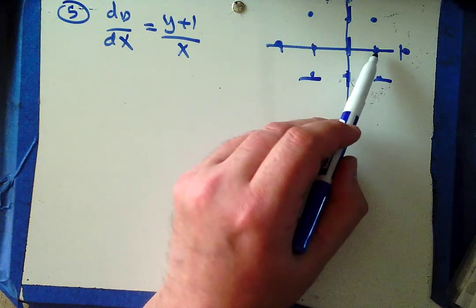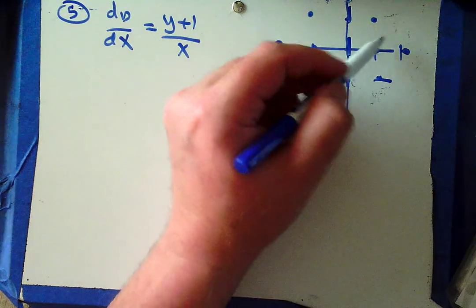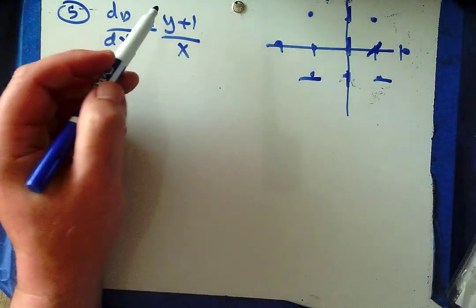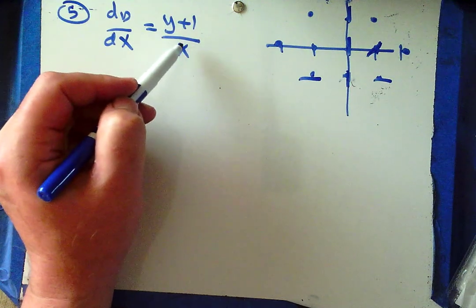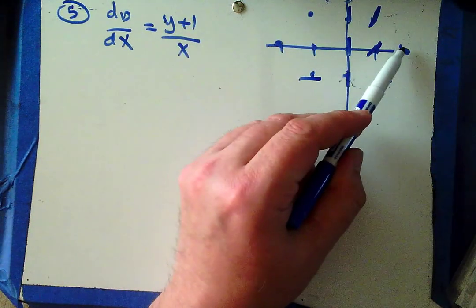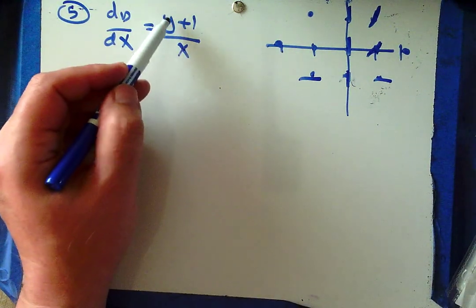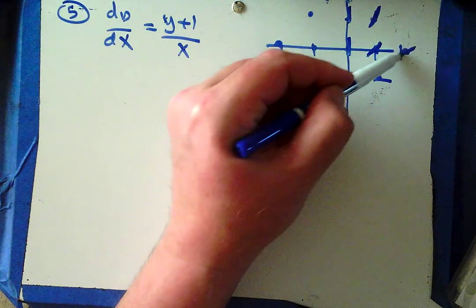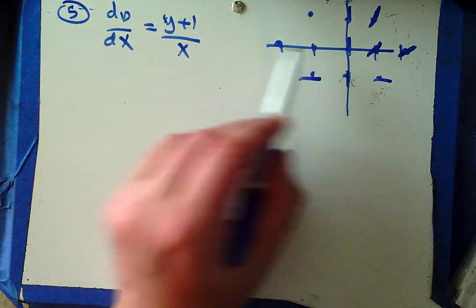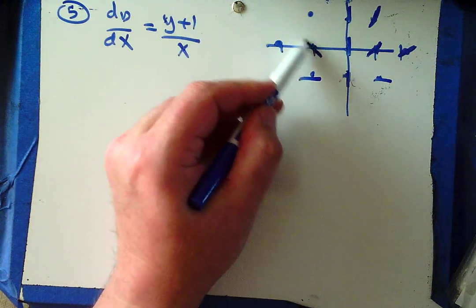And if I plug in 1, 0, I get 1 over 1, which is 1. If I plug in 1, 1, I get 2 over 1, which is 2. If I plug in 2, 0, I get 1 half. Now what happens when I plug in negatives? If I plug in negative 1, 0, I get a slope of negative 1.